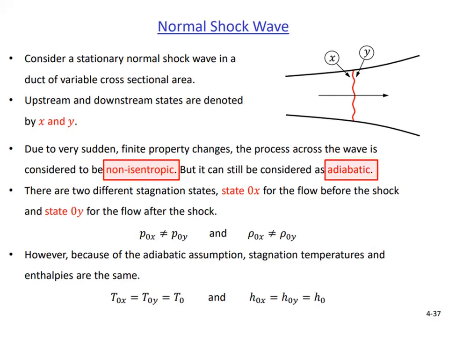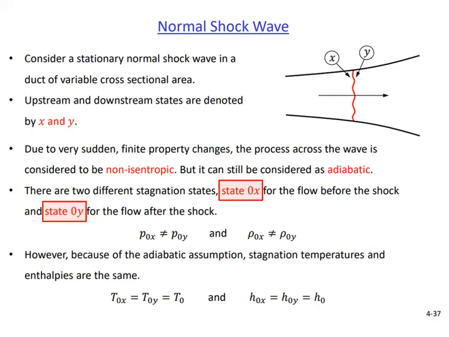For a duct flow with a normal shock wave, there are two isentropic flow regions, one before the shock and one after the shock, and these regions are separated by a very thin non-isentropic region between them. There are two different stagnation states shown with subscripts 0x and 0y.